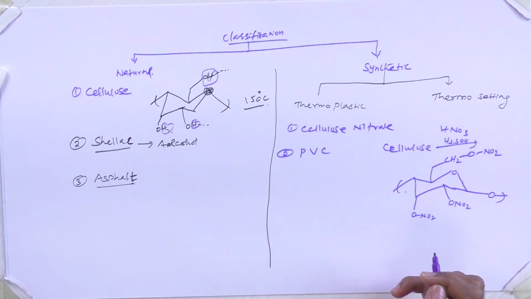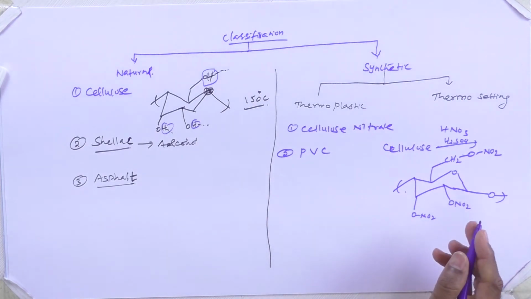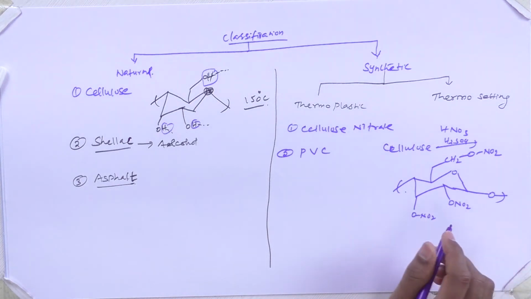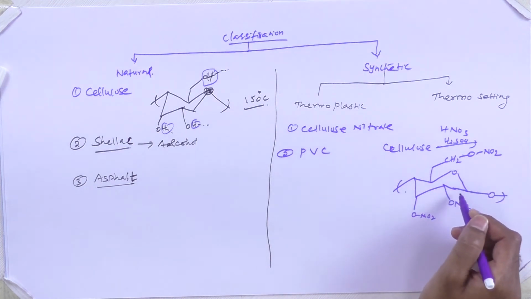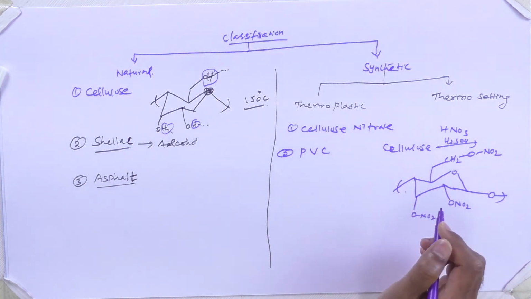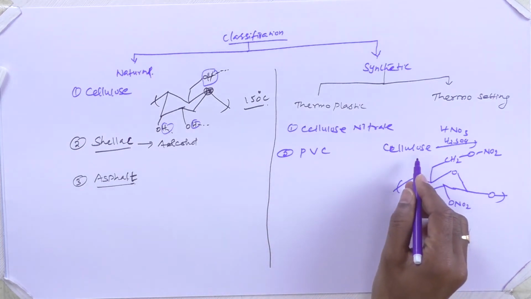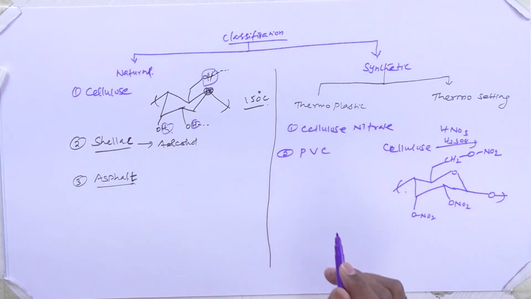They are used to bind wooden material, plastic material, and even glass materials can be easily bound with the help of cellulose nitrate based adhesive materials. So this comes under the category of thermoplastics. When you raise the operating temperature or the temperature of the surroundings to the optimum level, it will become soft and flexible. Therefore, we can break the bond, and the adherent surfaces can be separated easily.